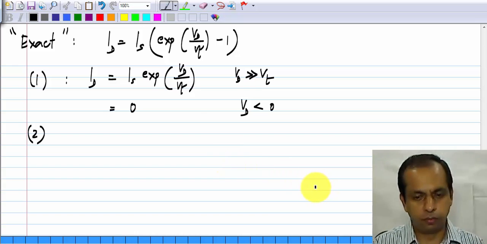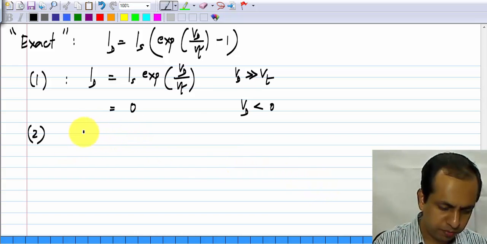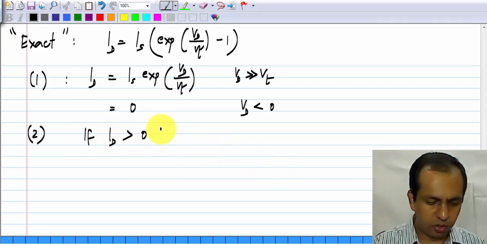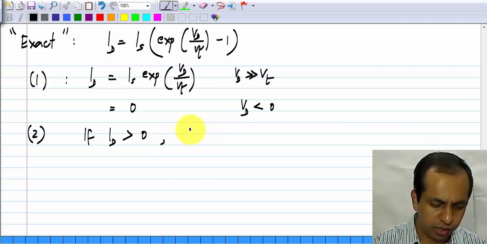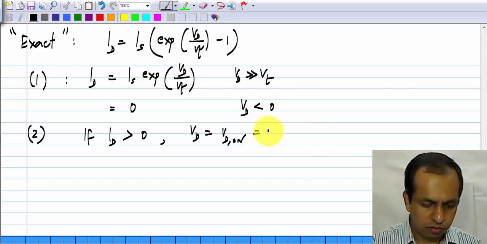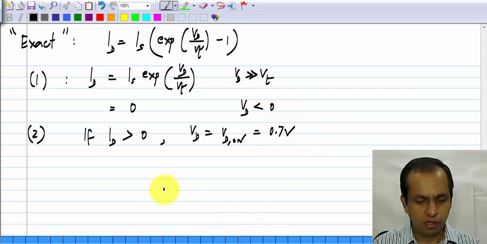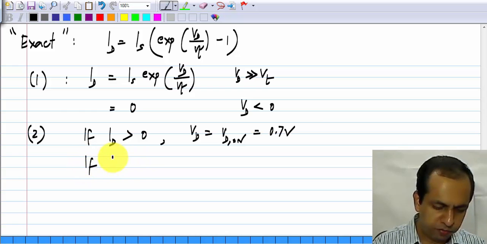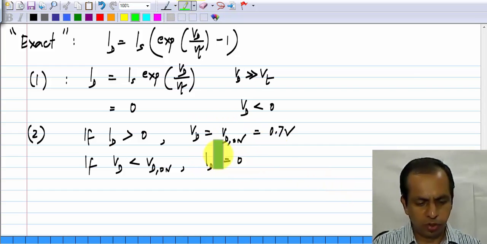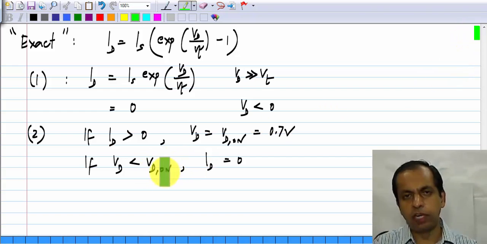And we have a second level of approximation where we say that if there is current flowing through the diode at all, forward current flowing through the diode, then the diode voltage is some constant Vd on, which we will take as 0.7 volts, and if the voltage happens to be less than Vd on, then the Id will be exactly equal to 0, and in this model the diode voltage cannot be more than Vd on.